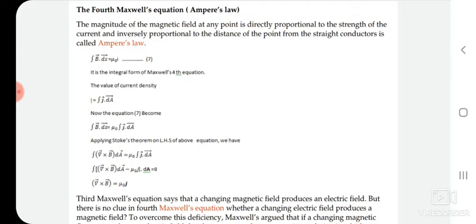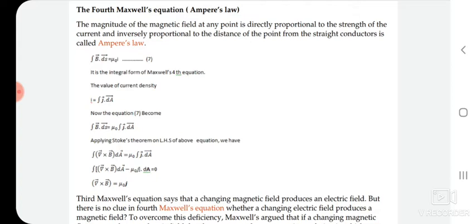Moving forward to Maxwell's second equation, it is Gauss's law for magnetism, which states that the net flux of the magnetic field through a closed surface is zero, because magnetic monopoles do not exist in the universe.